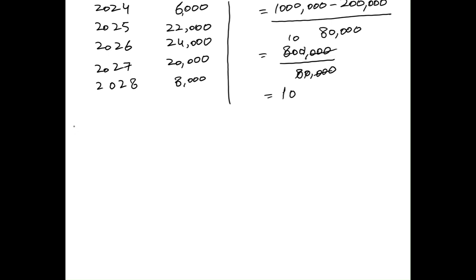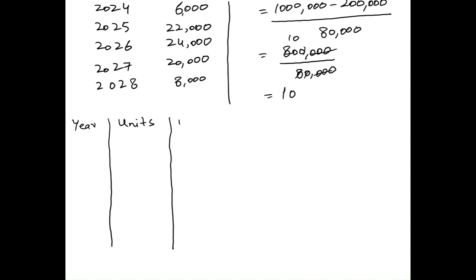And then again, we're going to create a schedule. So the first column again will be year. The second column, in the straight line we had the second column as months. So in this case, we're going to replace that by units. And I believe the rest remains the same.